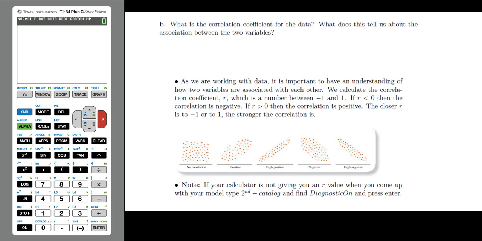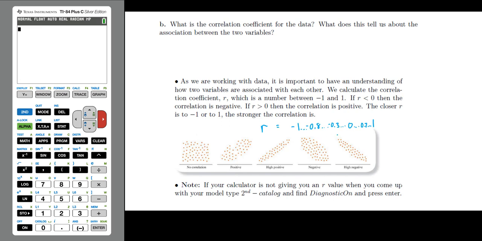The correlation coefficient is the number r, and it ranges from -1 all the way to 1, and then there's everything in between, like -0.8, -0.30, 0.7, all the way up to 1.